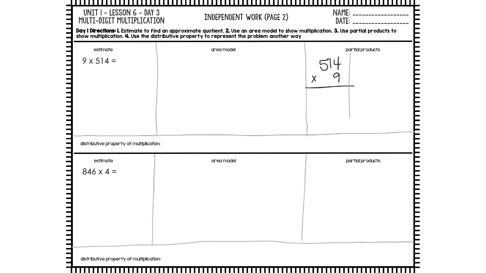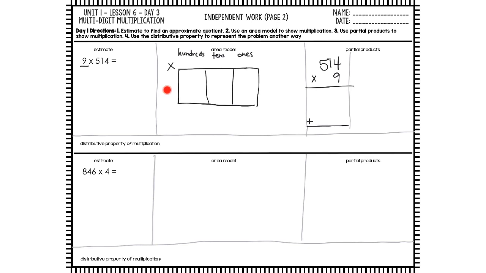And leaving some space over here for your partial products. And you're going to add up your partial products to find your answer. Make sure you have your hundreds, tens, and ones and that you're multiplying it all by 9. Then in your distributive property, you'll find your distributive property here and here. Or here.